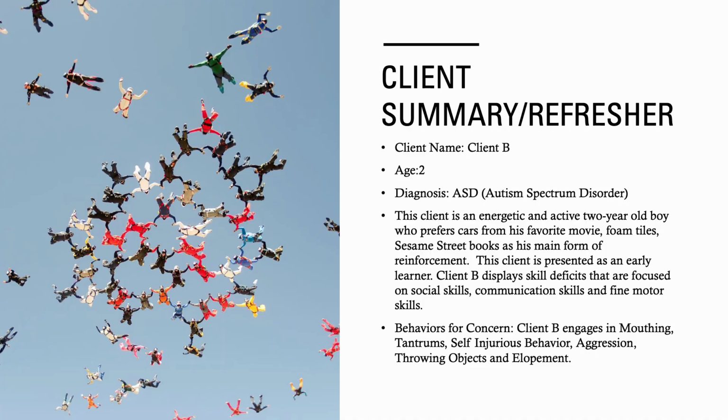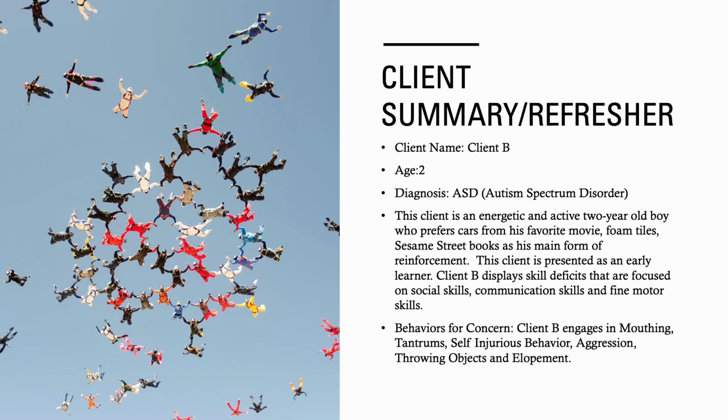As stated prior, we're going over the client summary. The client's name is Client B, so as to protect confidentiality, and they are age 2 and diagnosed with autism spectrum disorder, or ASD. Again, this client is an energetic and active 2-year-old boy who prefers cars from his favorite movie, foam tiles, and books as his main form of reinforcement.